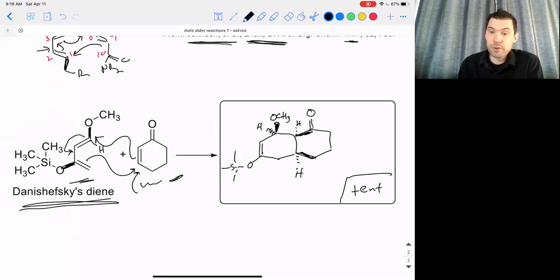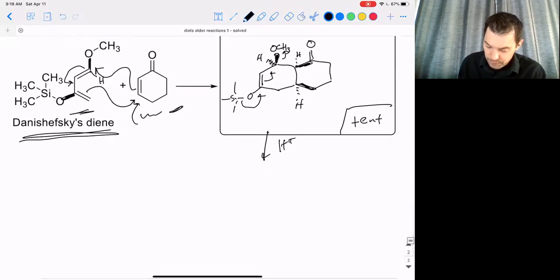What's nice about this is you get the cis decalin motif, and that's different from what you typically get with aldol reactions or Robinson annulations, where you get an alpha-beta unsaturated system, and then it typically reduces trans. Another really fun thing about the Danishevsky diene is if you throw in a little pinch of acid, you can hydrolyze this system to kick off this OCH3 after it's protonated.